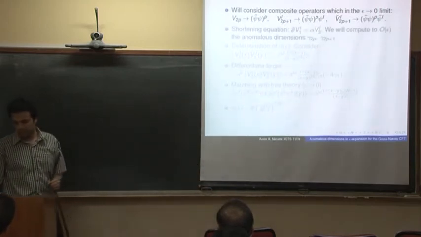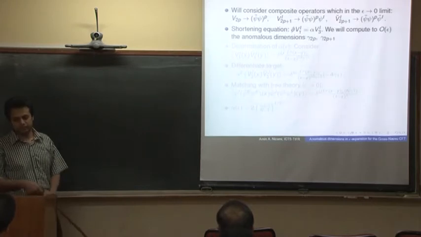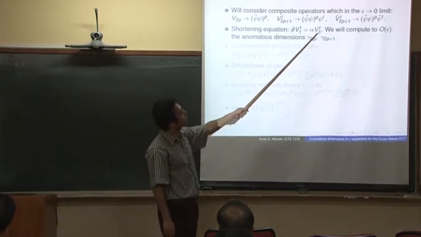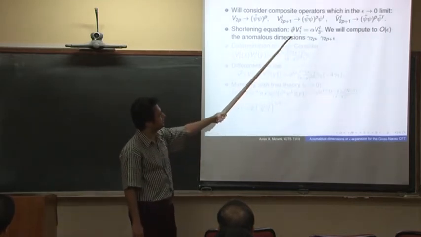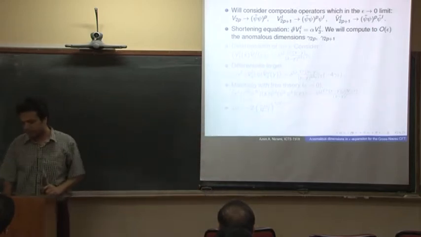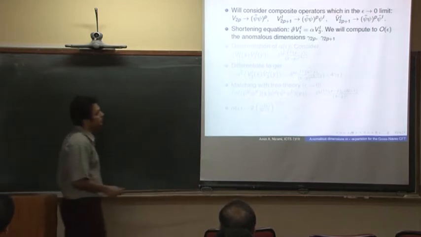Now, in this case, you have this first order equation, which tells you that the operator V3 is a descendant in the interacting theory, and we will compute to leading order in epsilon the anomalous dimensions, which we'll call this.